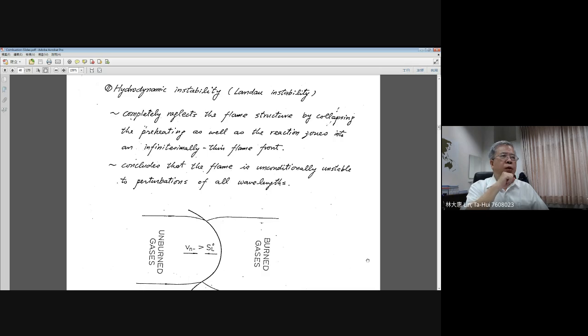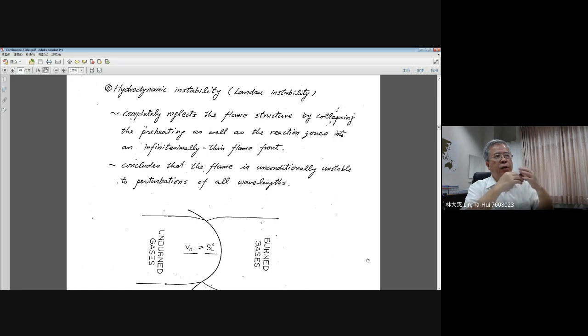Now we go to another very important subject we need to identify. We look at the stability of a premixed flame, which means we are thinking about whether, if the premixed flame is disturbed by some kind of perturbation or outer influence, this flame can still stabilize in the given flow we have.